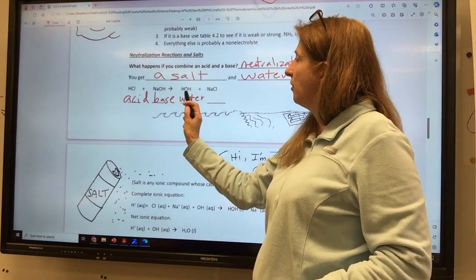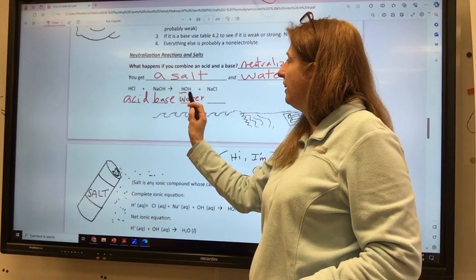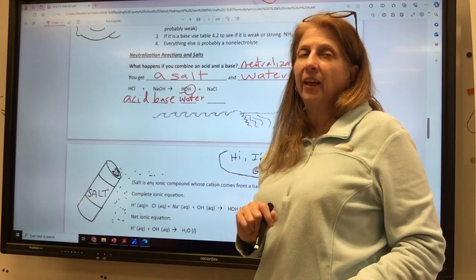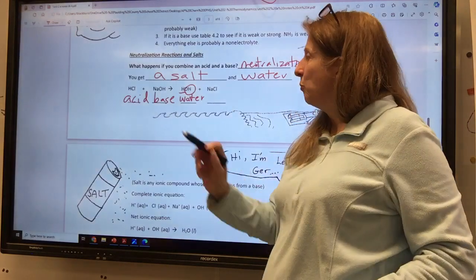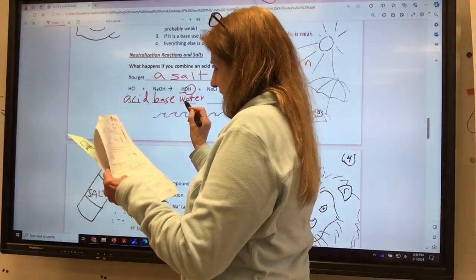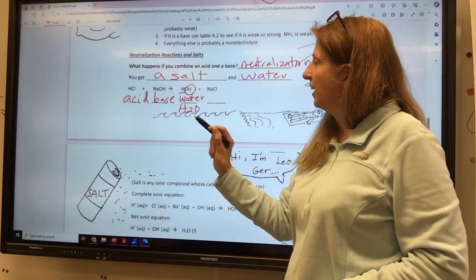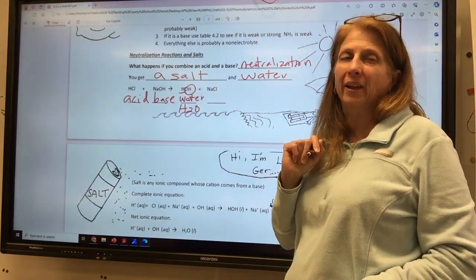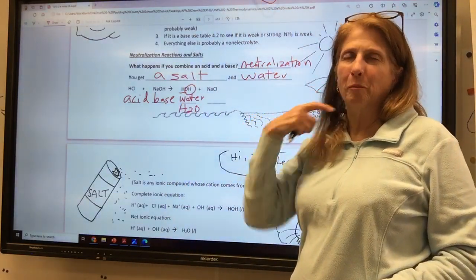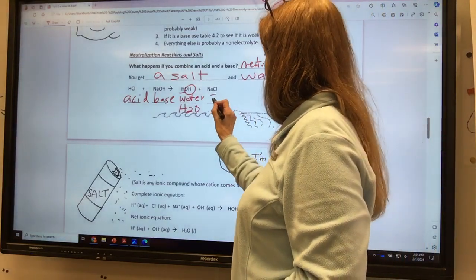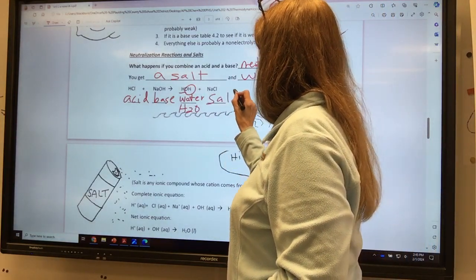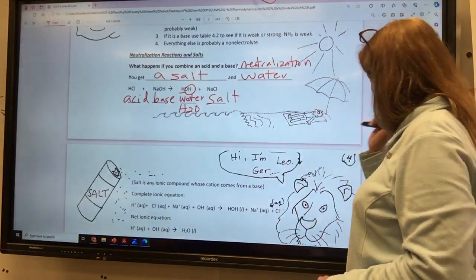But notice water is made out of an acid and a base. And that's why it's neutral. Wait, hold on, wait. Water is both. Hydrogen's an acid? If it starts with hydrogen, it's an acid. If it ends in OH, it's a base. So water is the both. Okay, and NaCl is salt. So there's my dude chilling on the beach.